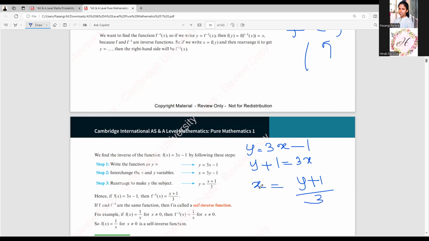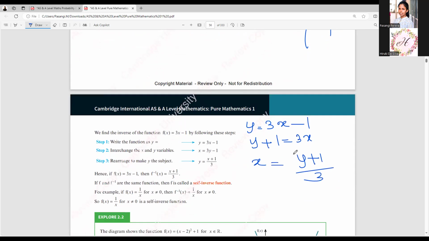Then we can interchange the variables, x and y. So here it becomes y equals x plus 1 over 3. And this y is not exactly the output y, that is f inverse x. That's the inverse function.